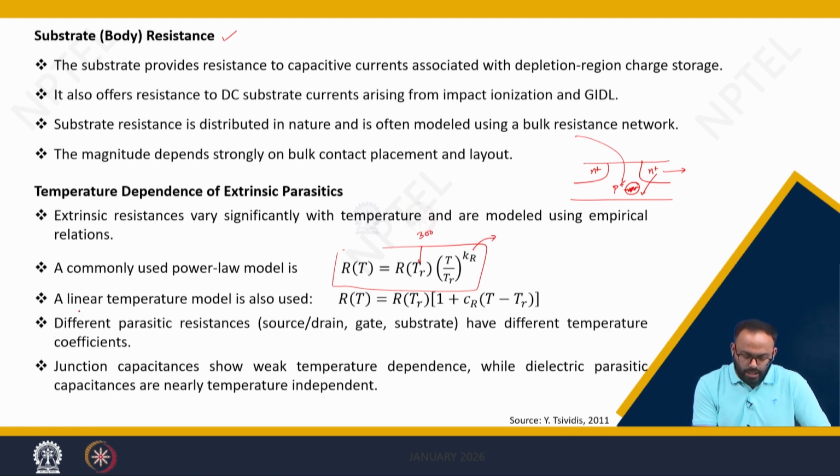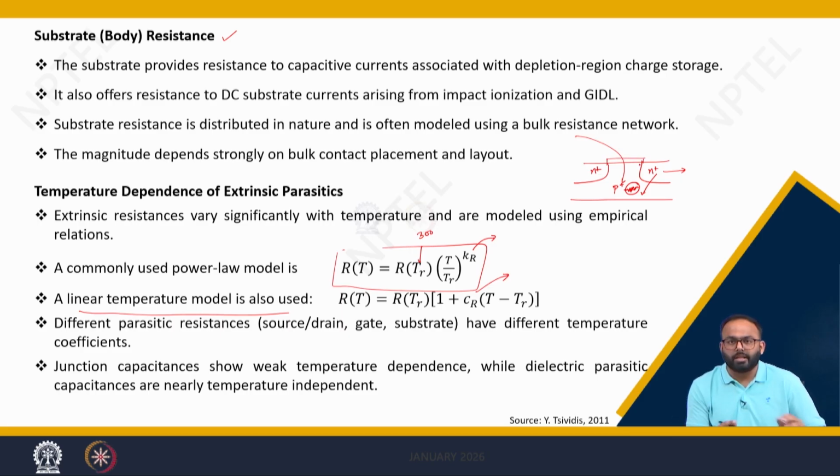In general, we can use a linear temperature model also, where CR is a fitting parameter. So this says that by changing the temperature, not only the intrinsic part of the transistor changes, however, the extrinsic part also changes.